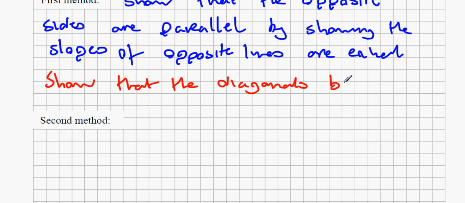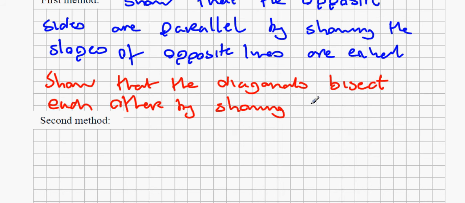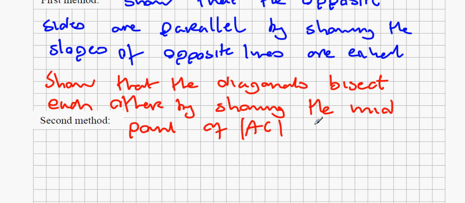Show that the diagonals bisect each other by showing the midpoint of AC equals the midpoint of DB.